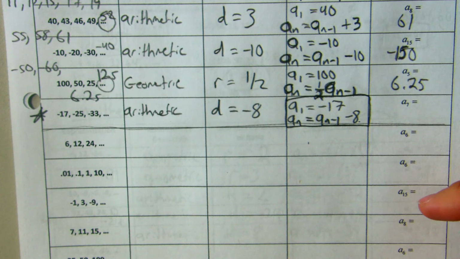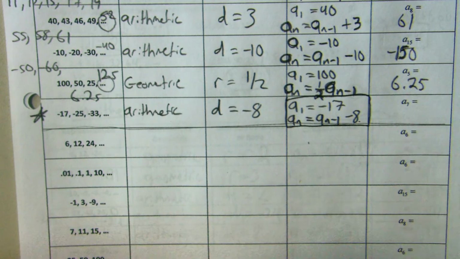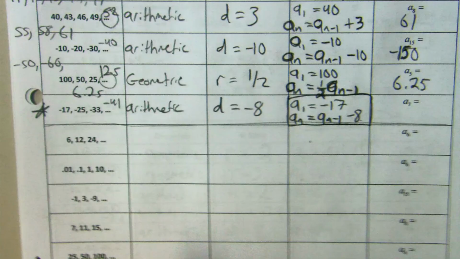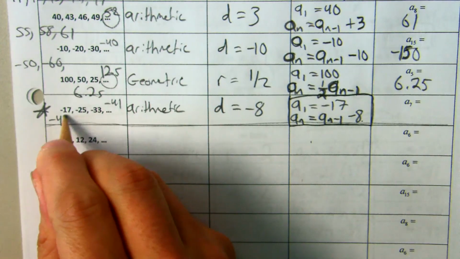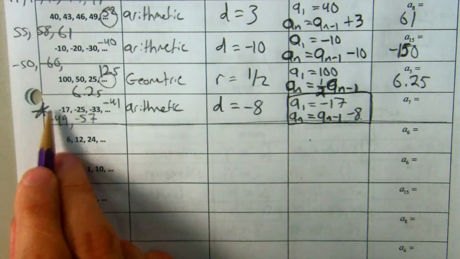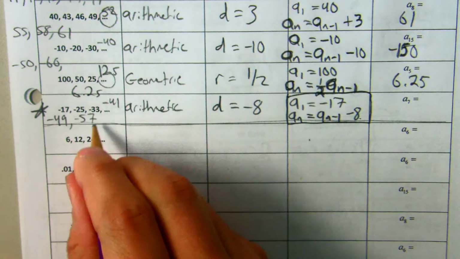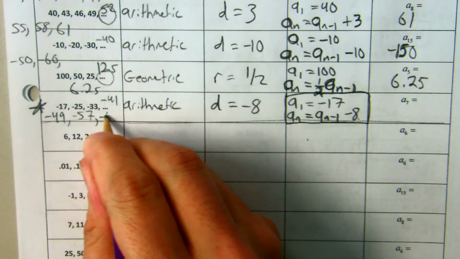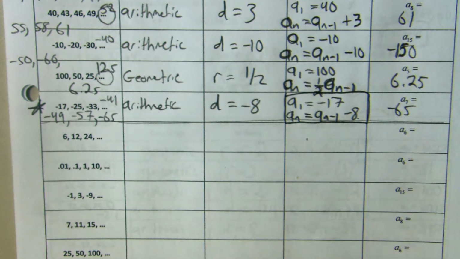I didn't ask you to go out to 56 terms and make you do it manually. Negative 65.